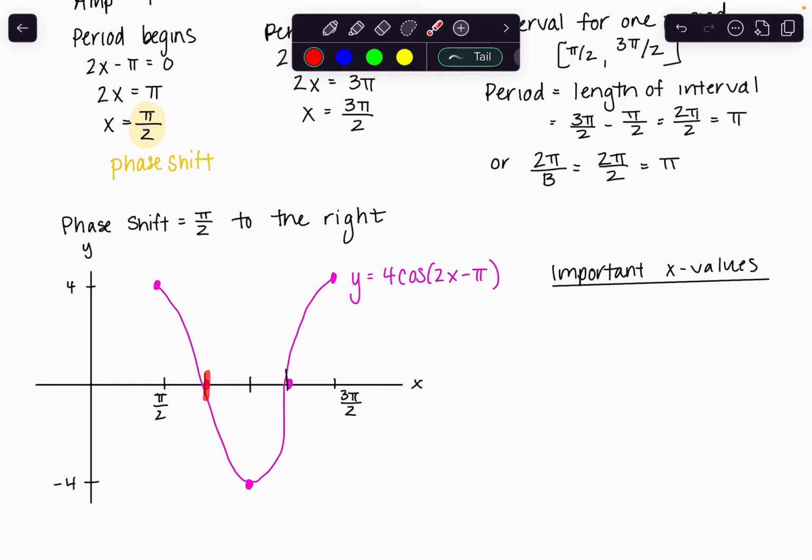And then you would have to find those by finding the halfway point of each of these intervals. Or again, just set the inside 2x minus pi equal to 0, equal to the next quadrant angle, which is pi over 2, then pi, then 3 pi over 2, and then finally 2 pi.